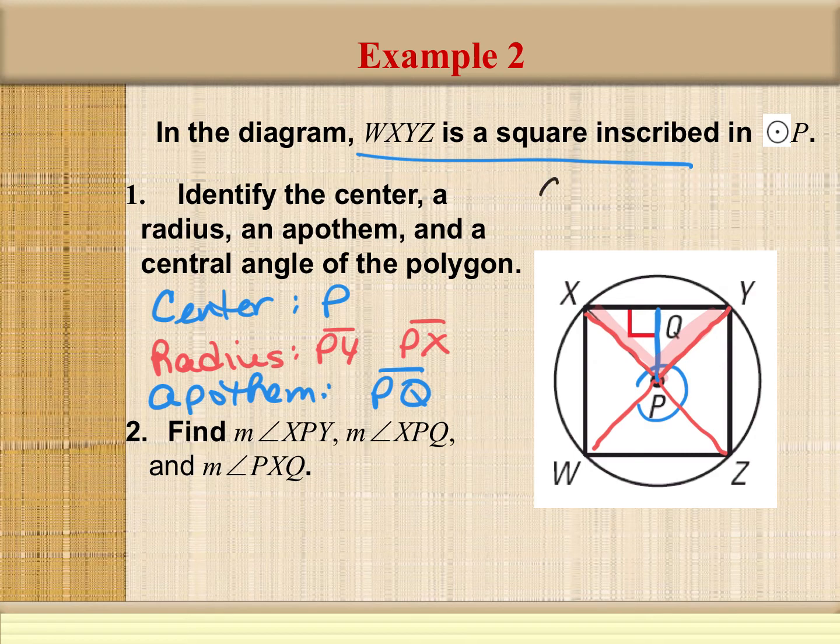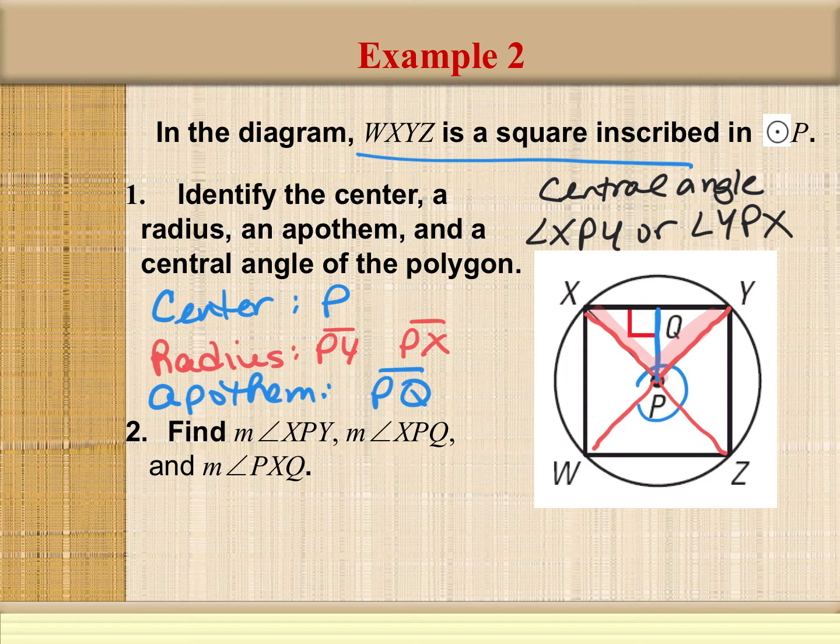So the central angle, you could name it of the one that was originally pictured as XPY, or you could go in reverse and call it YPX. Now there's actually 4 central angles here, but again, I just wanted to refer to the one that was there before I drew in those other 2 radii.